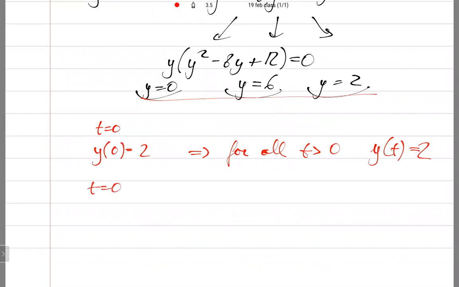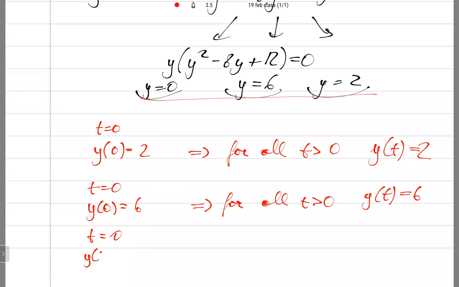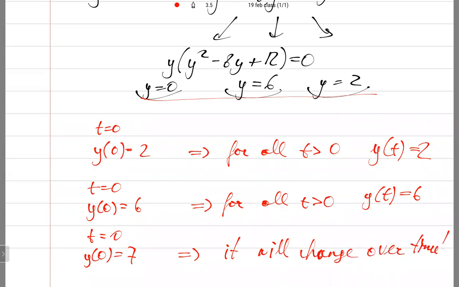If you have a starting value like 6, then for all t in the future, you will have y of t equal to 6. But if you have some other value that is not equal to 0, 6, or 2, so if, for example, y at the starting moment of time is equal to, let's say, 7, then it will change over time.